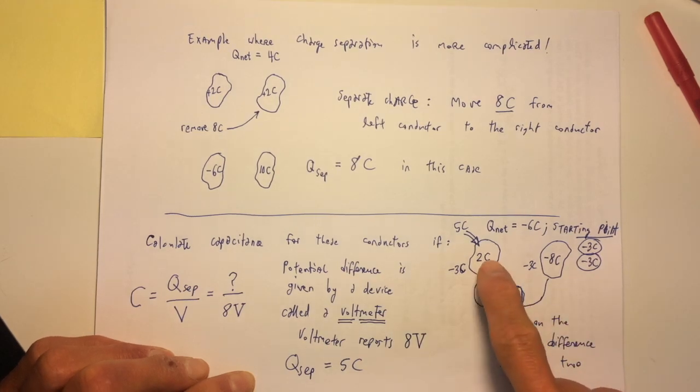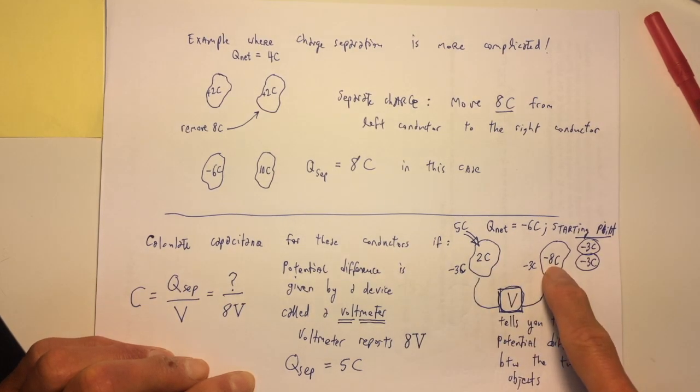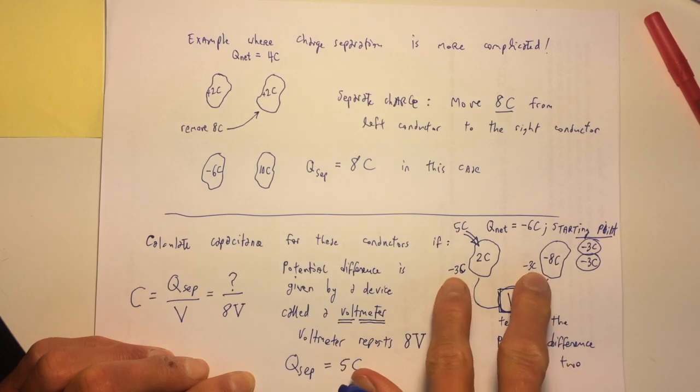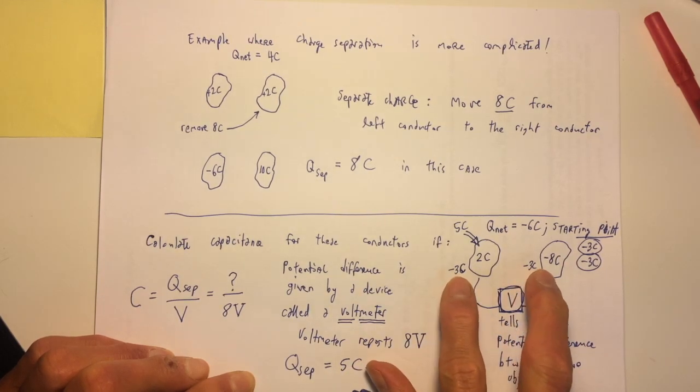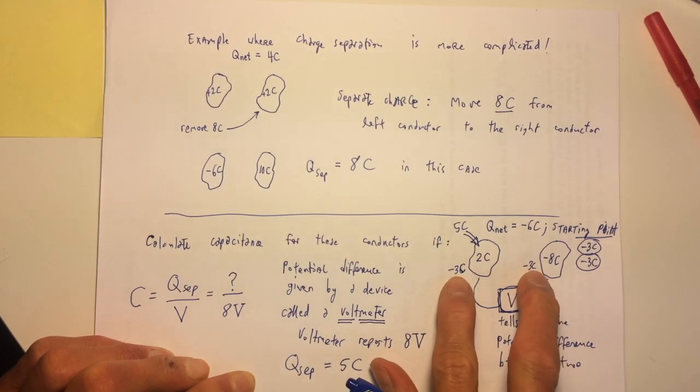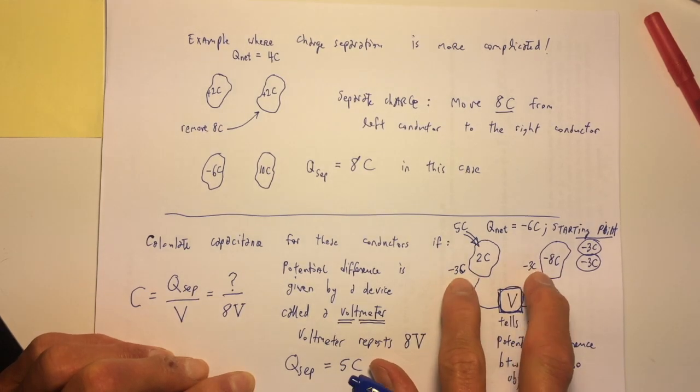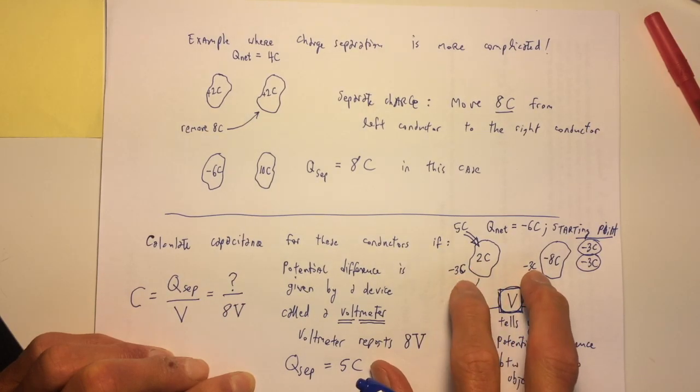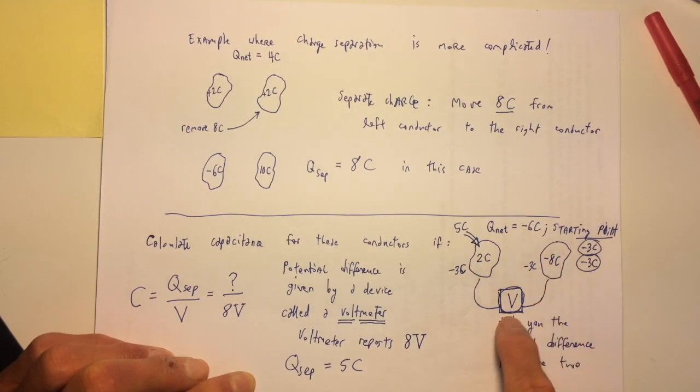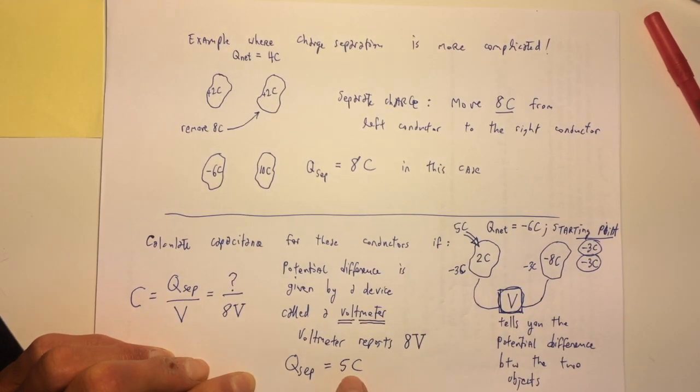In order to get to 2 coulombs and negative 8 coulombs, I must have started with the same charge on each. This is the situation where there is no separation of charge. I start this way, and then I separate the charge by moving 5 coulombs from here to there. That's what I must have done.